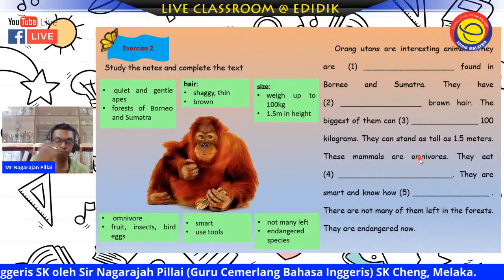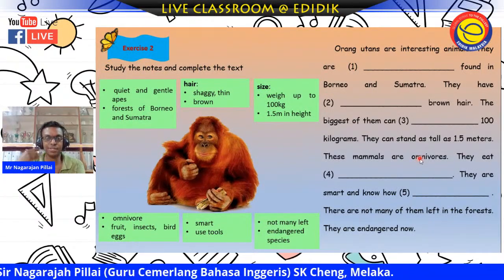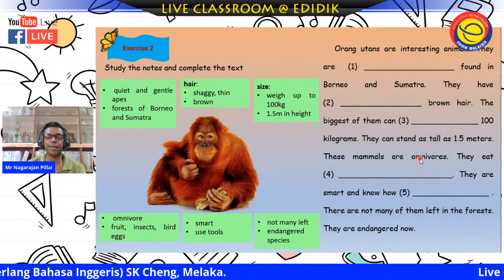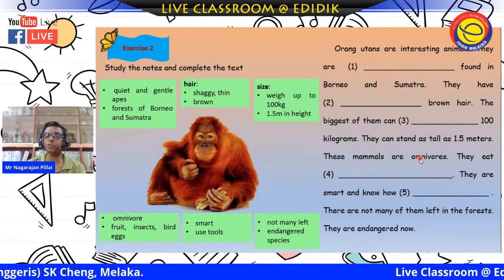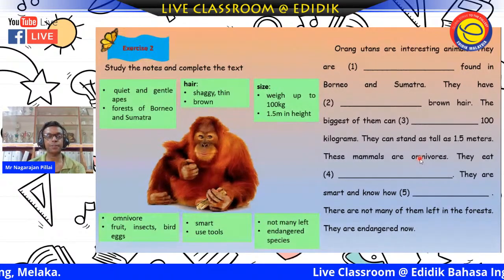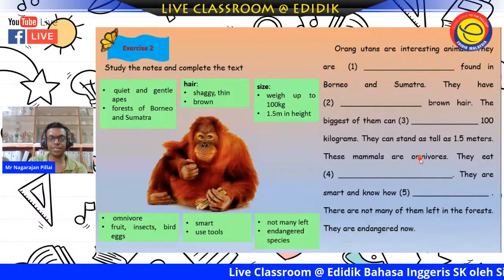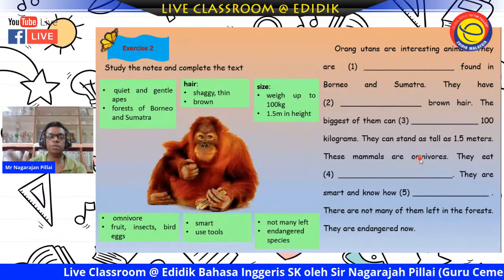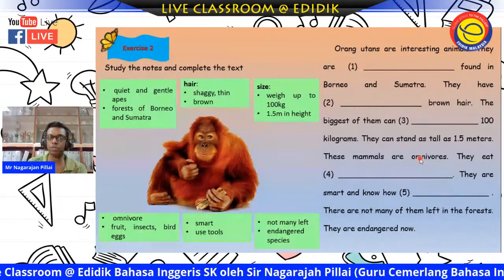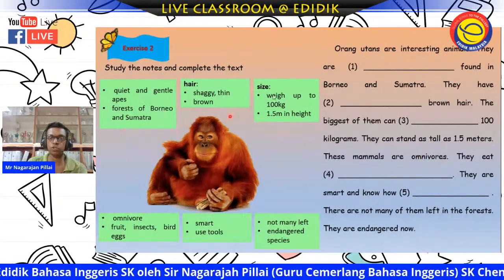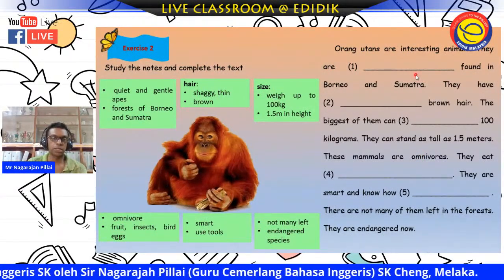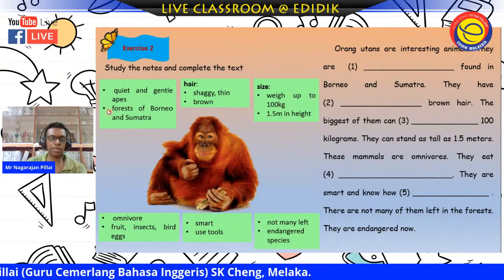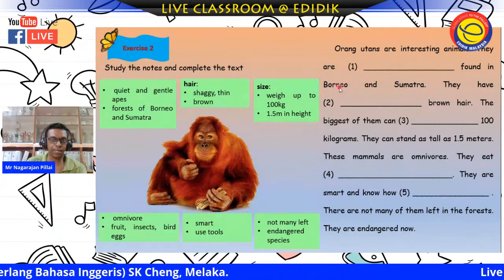Now let's do it. We have read the stimulus and the questions, so it's time for us to write the answers. Orangutans are interesting animals. They are, read the whole sentence, finish the sentence: blank, found in Borneo and Sumatra. So you can't write Borneo and Sumatra for blank number 1. You see, clues have been given. Forests of Borneo and Sumatra, it's here.